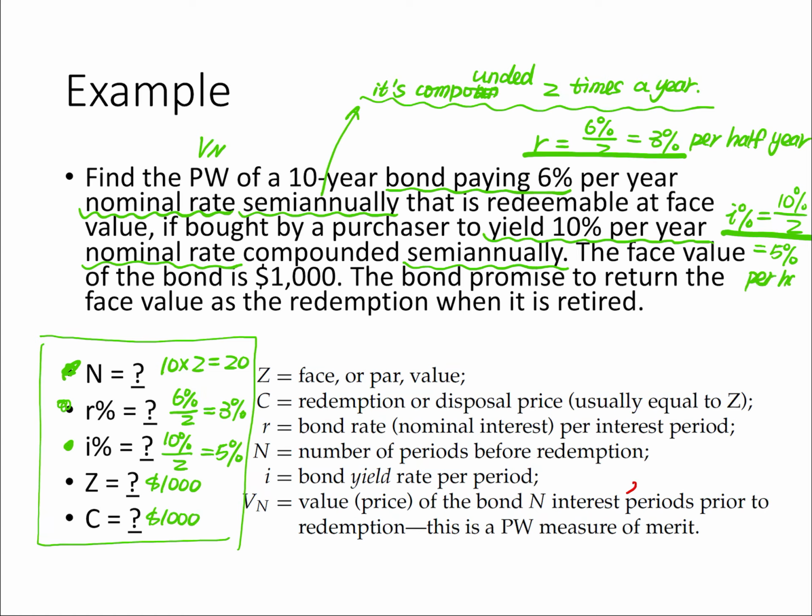So the 3% is 3% per half year, and 5% is 5% per half year. And the N is 20 half years.